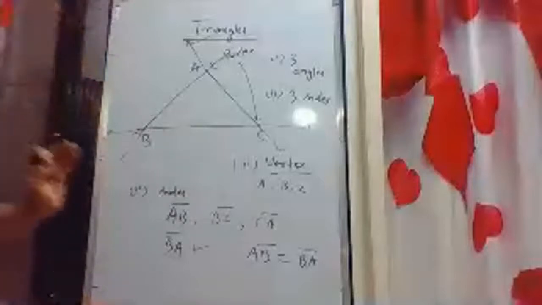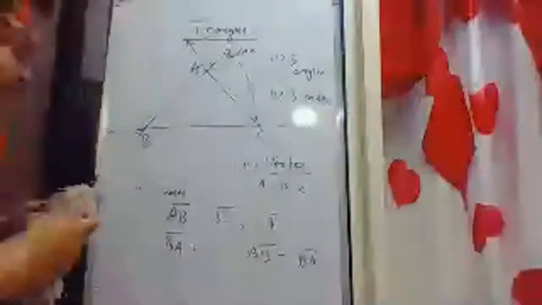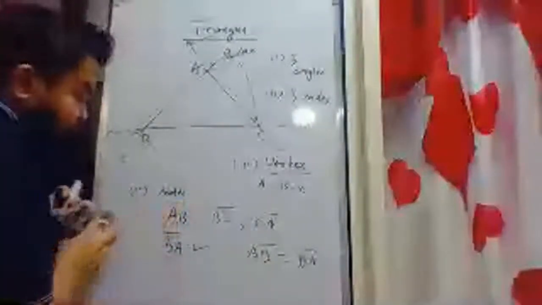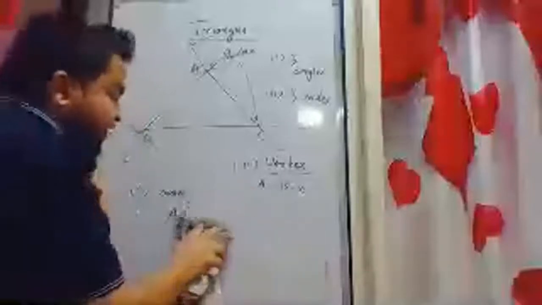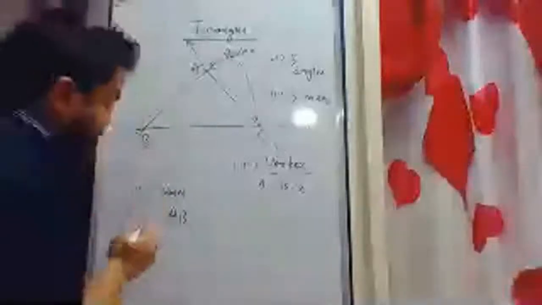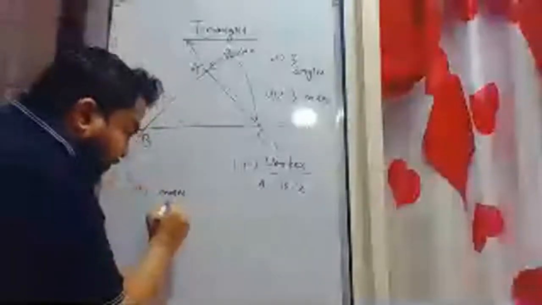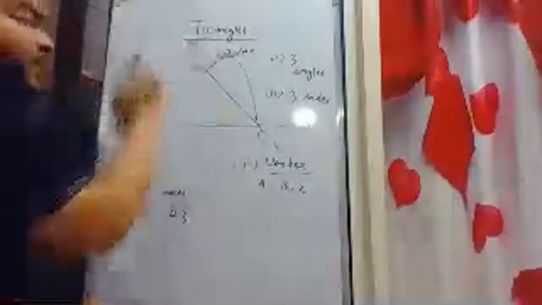Now, in your books and in many places, you would have also seen that they do not use this bar. Let us understand the difference between putting the bar and not putting the bar. When we put a bar on it, this means we are talking about the side AB.